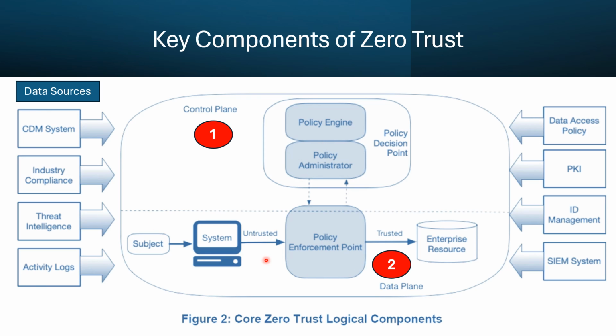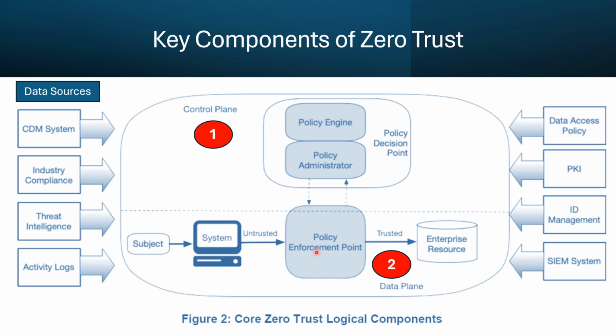In terms of the data plane, we have a subject that needs to use a system. It could be a user, it could be an application, it could be any entity. And obviously, in terms of the zero trust, everything is untrusted first. Then one of the major components of the data plane is the policy enforcement agent.